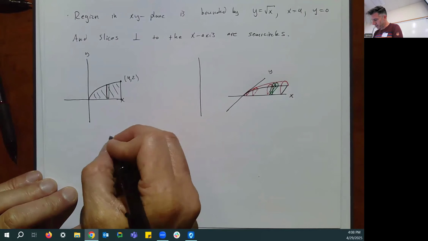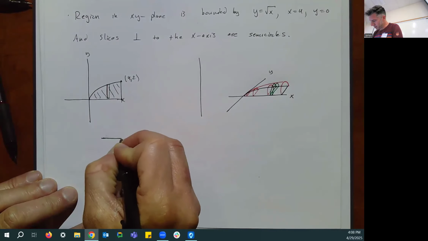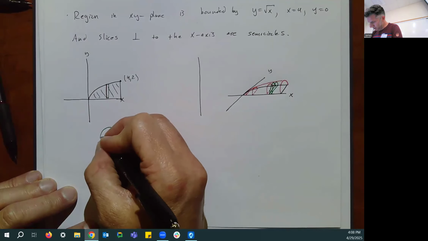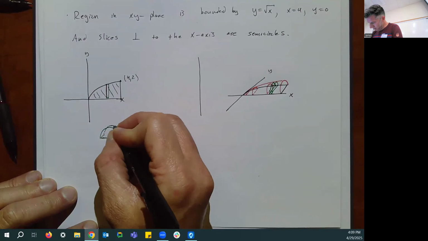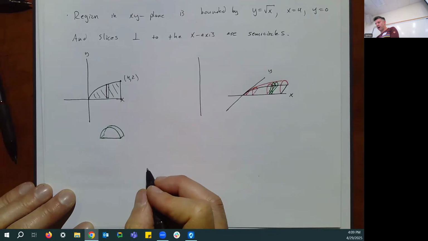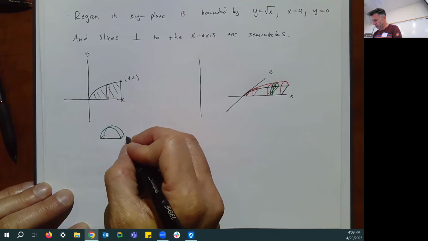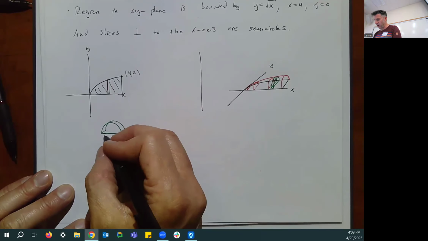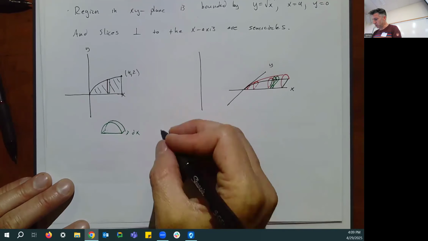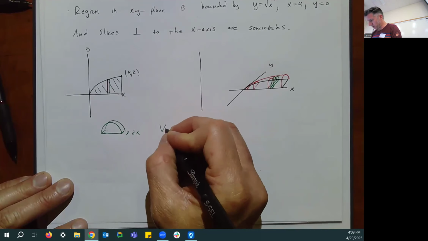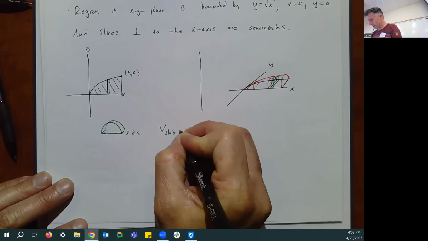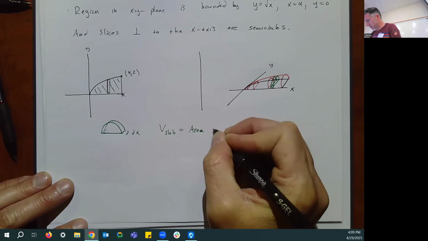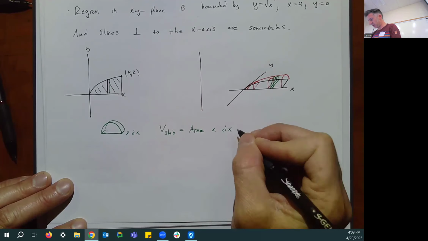So there's my semicircular slab. The width of that slab is dx. And I want to find the volume of the slab. So very broadly, the volume of my slab is the area of the slab times the thickness, which is dx.